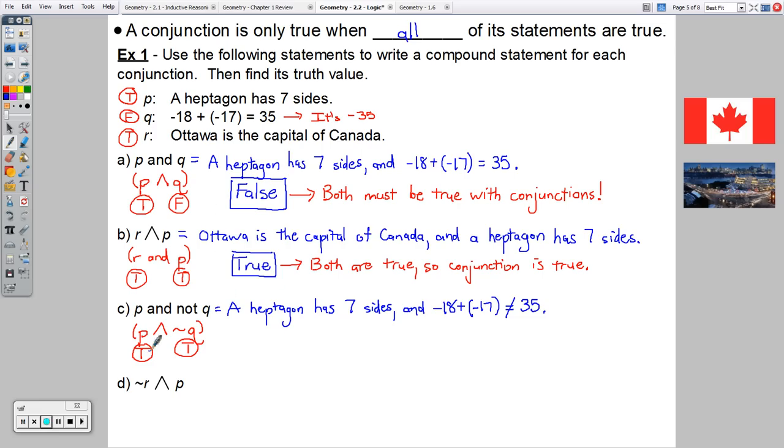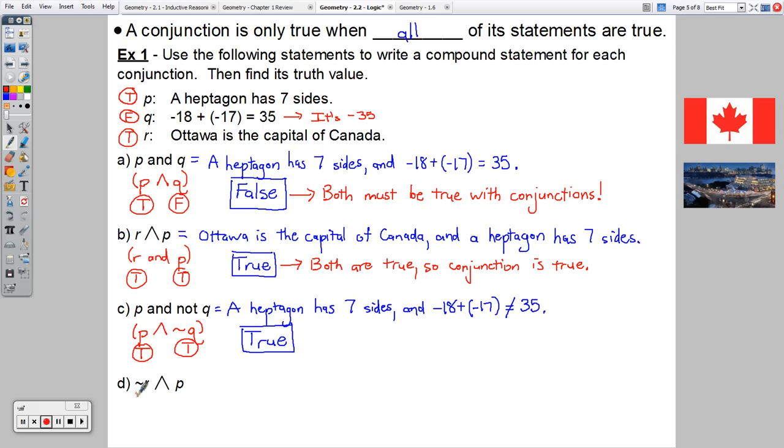We had something that was true and something else that was true. If they're both true with a conjunction, the whole statement is true. So this one is true. I can say they're both true, so the conjunction is true. I'm not going to rewrite that down again.